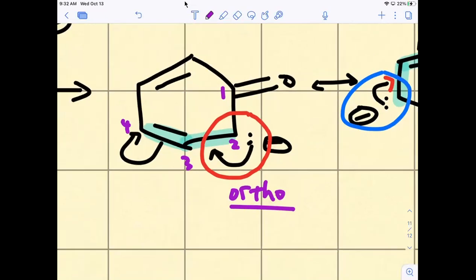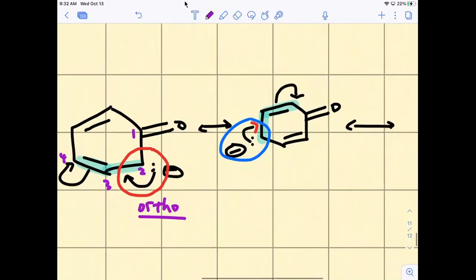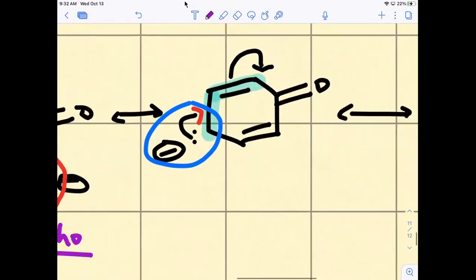All right, so that's ortho. And then over here, this is again 1, 2, 3, 4. So this 4 position is what we call the para position.